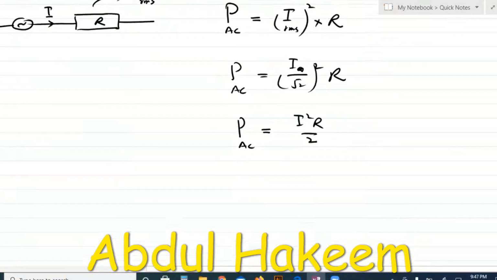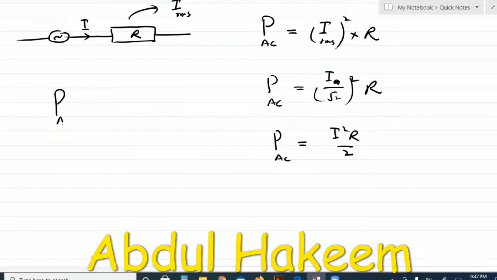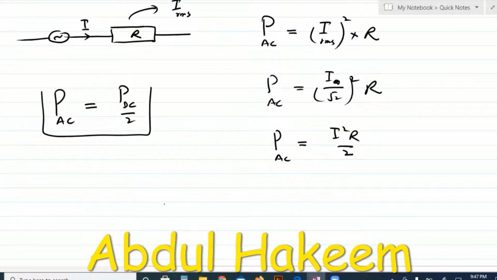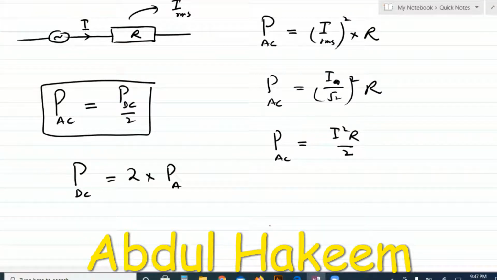Hence, the relation is the power from the alternating current is the power from the direct current divided by 2, meaning the power of the direct current is 2 times the power of the alternating current.